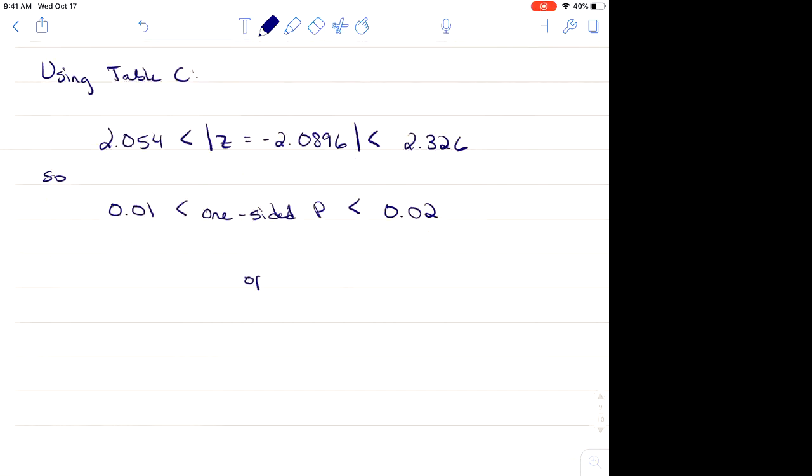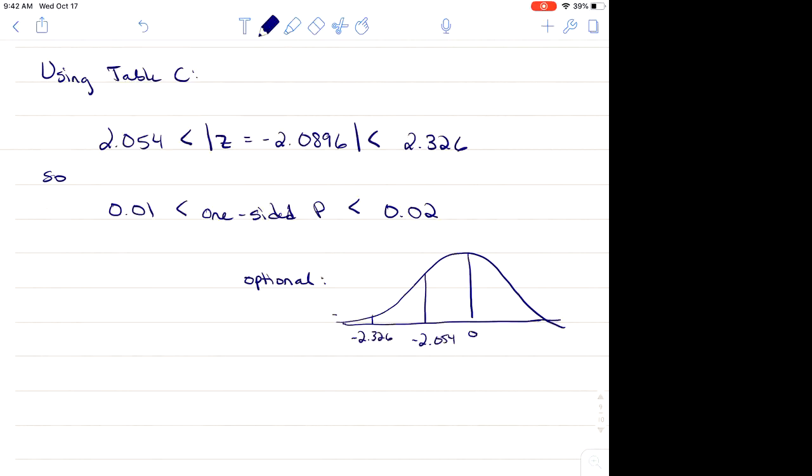Again, I'm just going to draw this optional little graph here. Because what we're saying, Z is centered on 0. We have a Z of negative 2.0896. And so we're told that between negative 2.054 and negative 2.326, the area in the tail for negative 2.326 is 0.01.